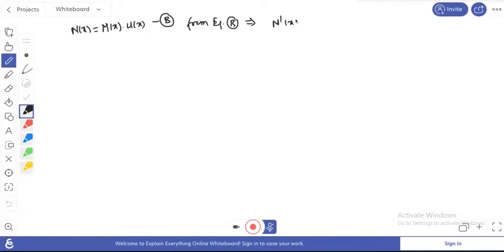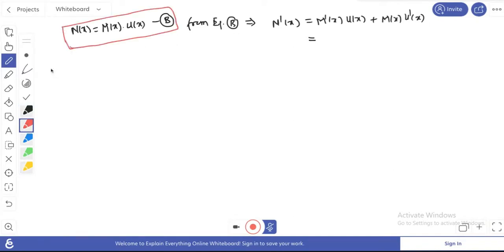this N prime equals M prime Ux plus Mx U prime x, if you differentiate both sides of this equation number B. And here you know that this M is the fundamental matrix of your homogeneous system. And what is your homogeneous system?